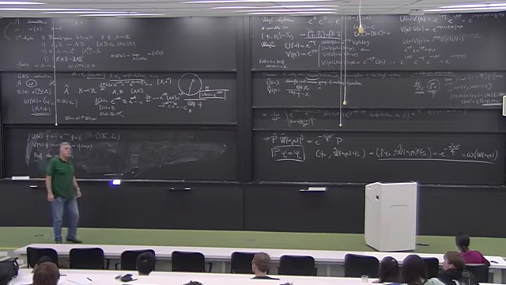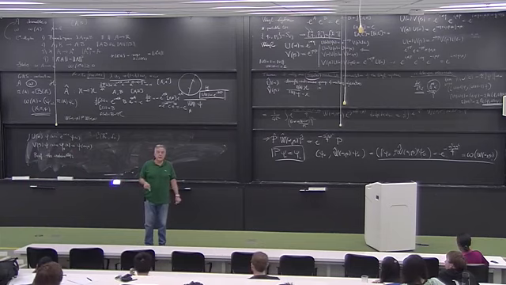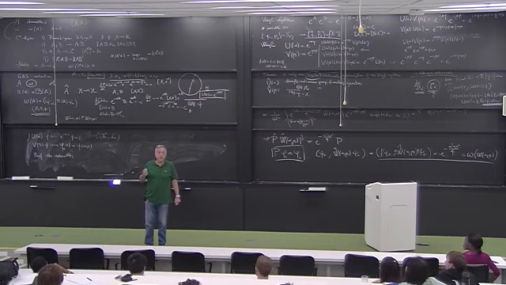We constructed a representation of the Weyl algebra. And since this group of operators is strongly continuous, you can take the generators, and they are essentially self-adjoint because of the strong continuity of the group. So there is one operator corresponding to the group which is essentially self-adjoint.